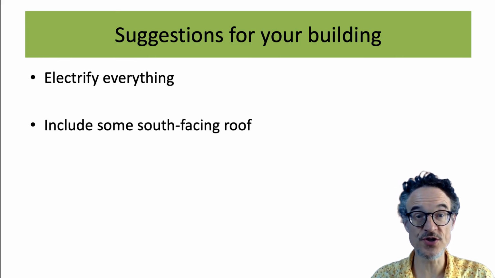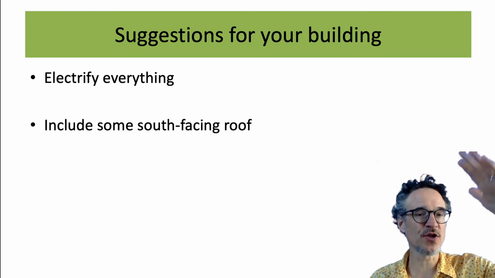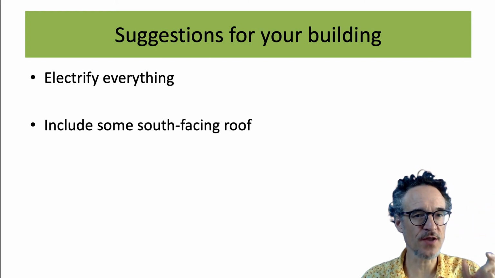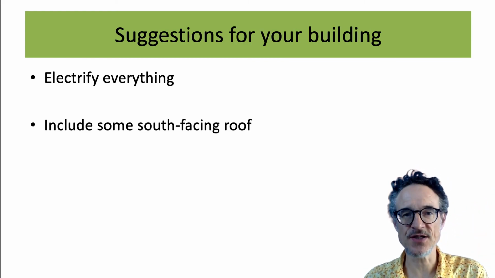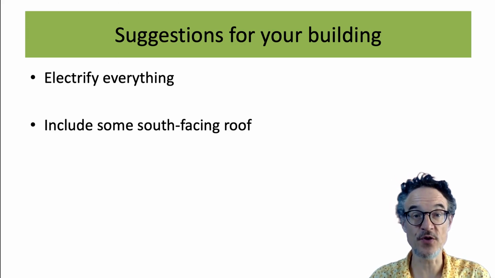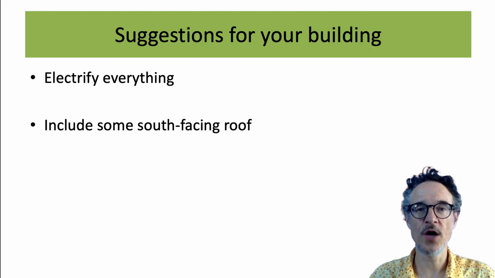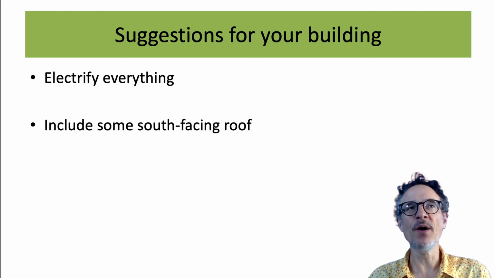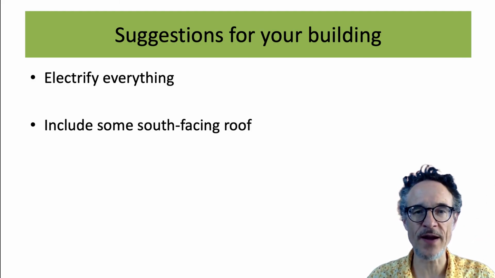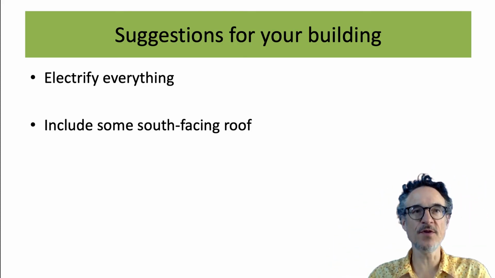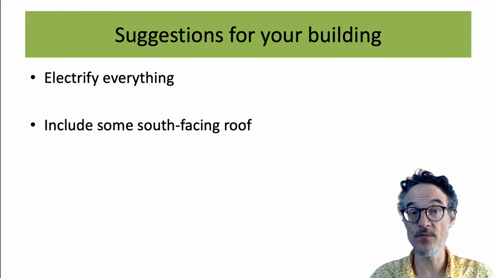It's more important to put insulation in when you're building. It's very easy to add panels on the roof later. It's very difficult to add another 10 centimeters of insulation in your walls after you've built them. So when you're building, first priority is insulation. Add the panels if you can, but do think about adding solar panels later. If you're building your roof, if some of the roof is facing south, that's good for solar panels.